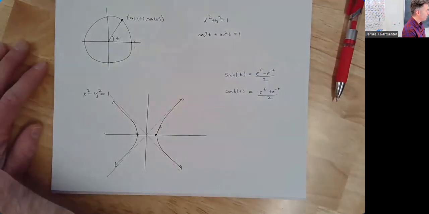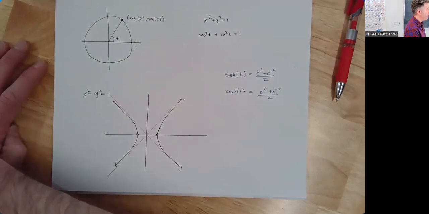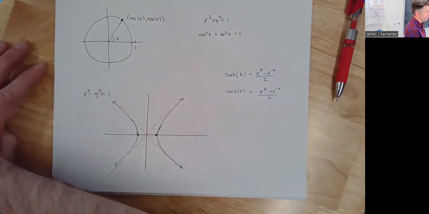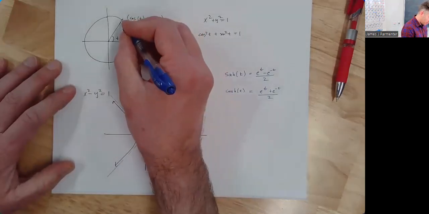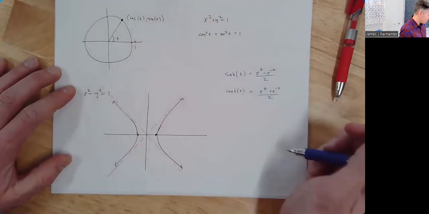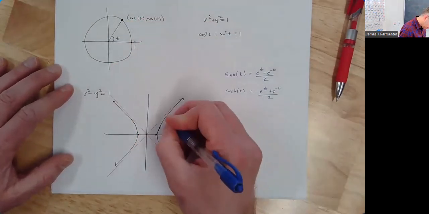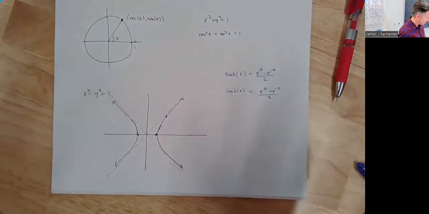And these hyperbolic trig functions are called hyperbolic for a reason. Just like this point on this curve is the cosine of this angle, comma the sine of this angle, the point on this curve here, and this gets kind of funky.